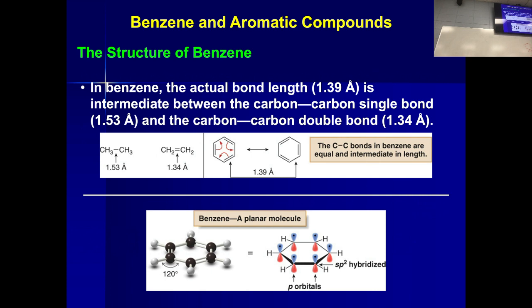And so if I look at a carbon-carbon single bond, something like ethane, and I go in my magic microscope and measure that carbon-carbon bond length, I would find that that bond length would be about 1.5 angstroms, a little over 1.5 angstroms.